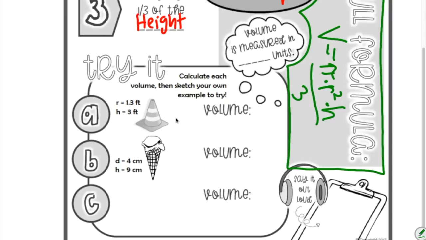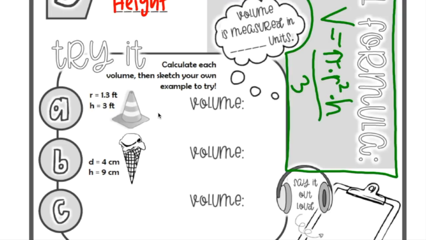So example A, we have the radius 1.3 feet, height is 3, and so we are going to plug this into our volume equation. So pi times 1.3, your radius, 1.3 squared, times your height, which is 3.